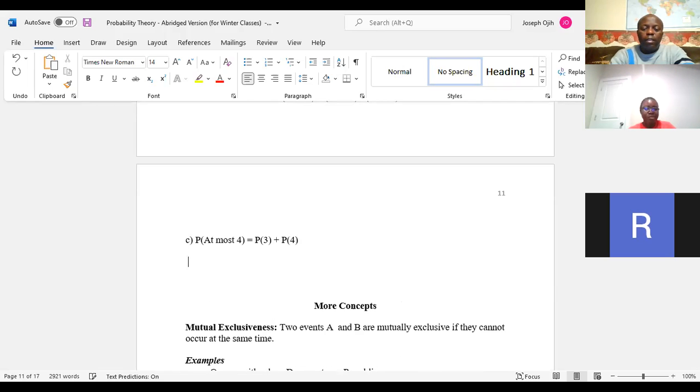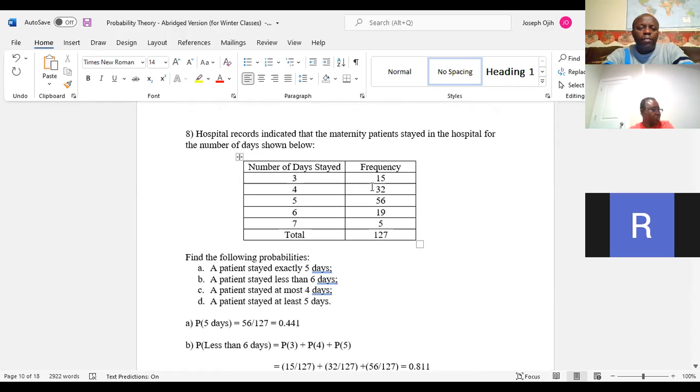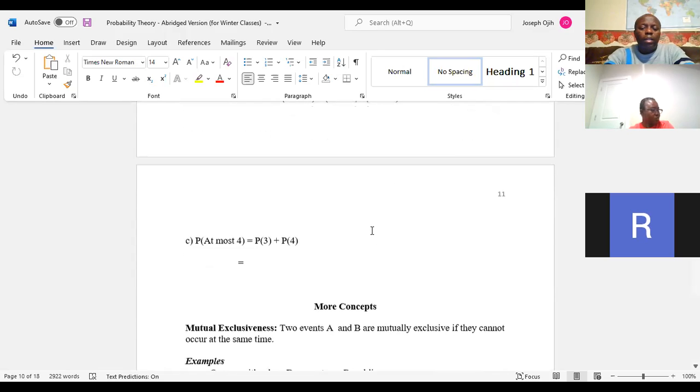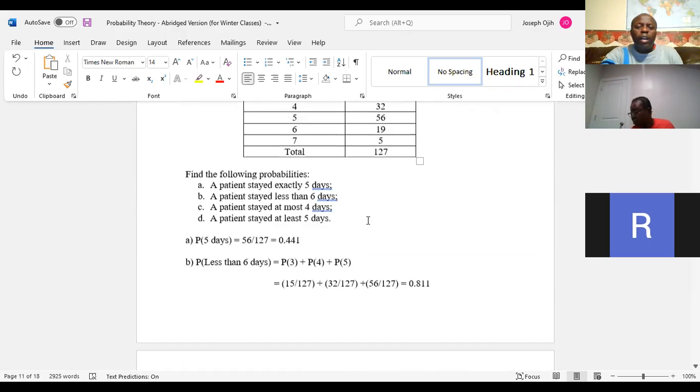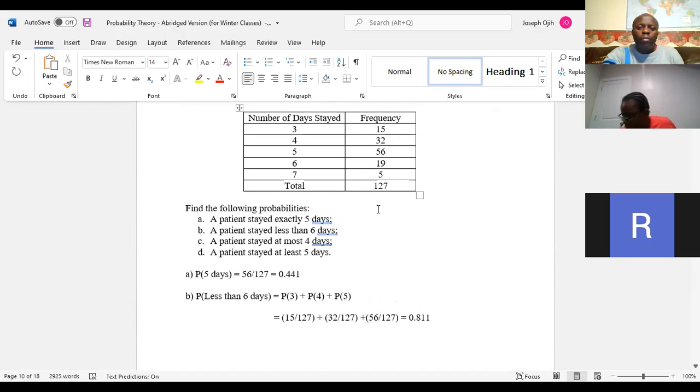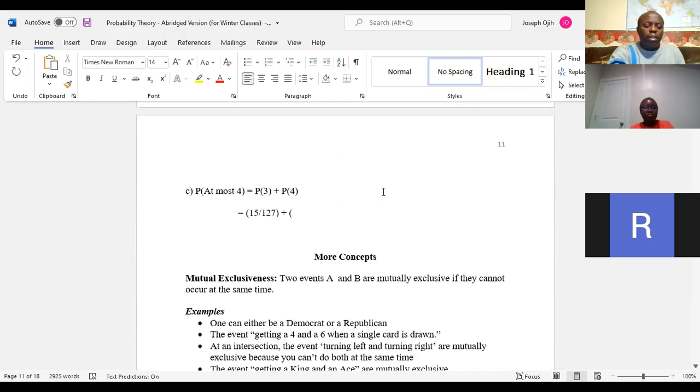For 3 days, we have 15 out of 127, plus for 4, we have 32 out of 127. And that gives us the required probability.